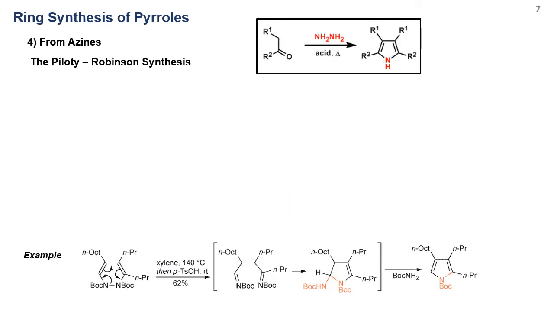Another synthesis of pyrrole is by using the Piloty-Robinson synthesis, utilizing hydrazine as the source of nitrogen, and this is going to react with the ketone here.